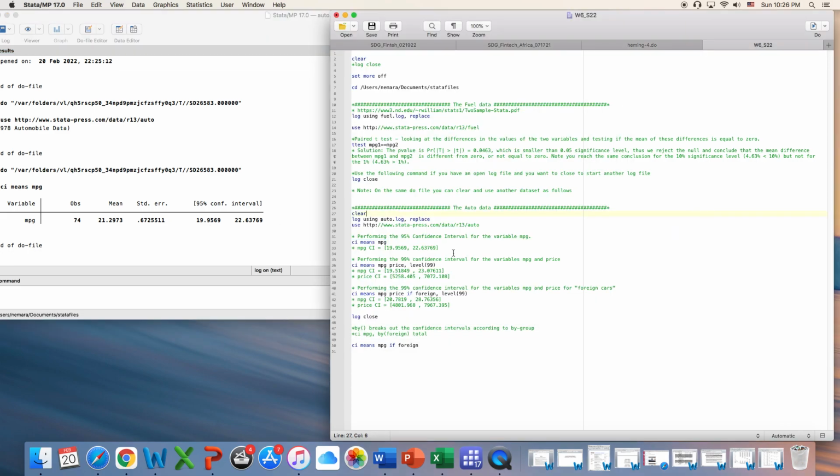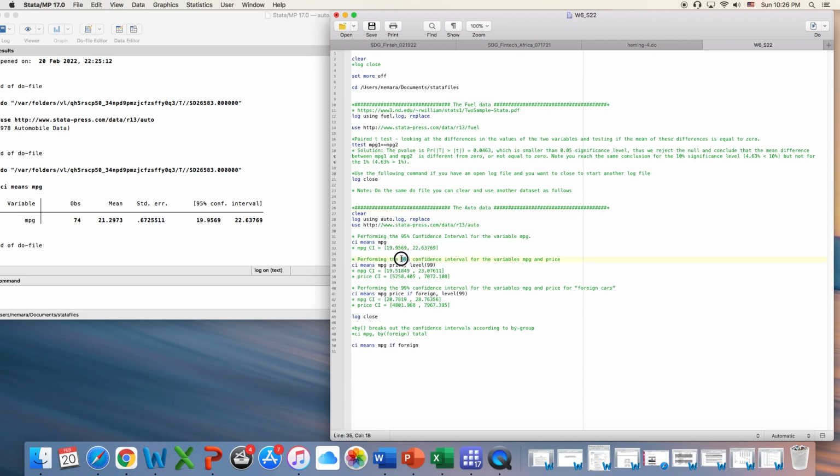And anytime you're typing the answer, it needs to be in square brackets, right? So the confidence interval of the MPG has a lowest value of 19.96 and a high value of 22.64, right? You approximate.